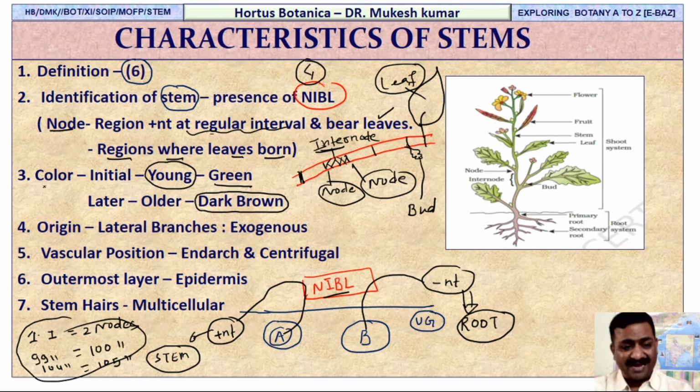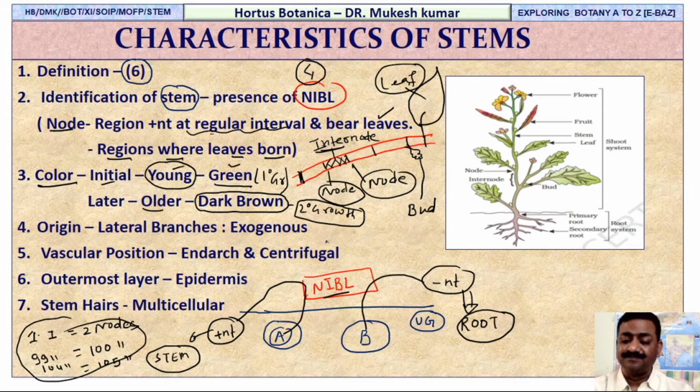So the color of the stem initially in the young stage with primary growth is green, but with secondary growth it will turn dark brown. It reflects that it has passed through secondary growth. This is also a very characteristic feature of dicot plants, secondary growth.